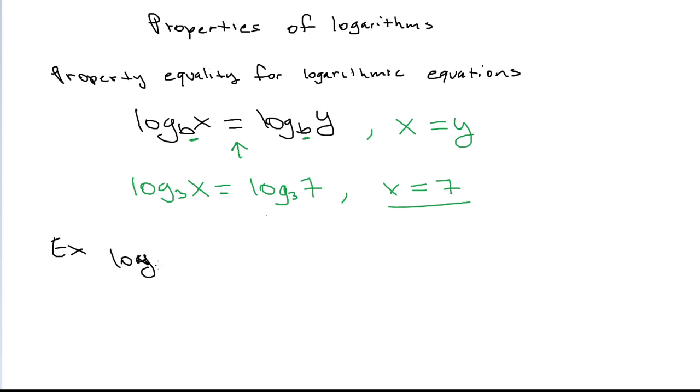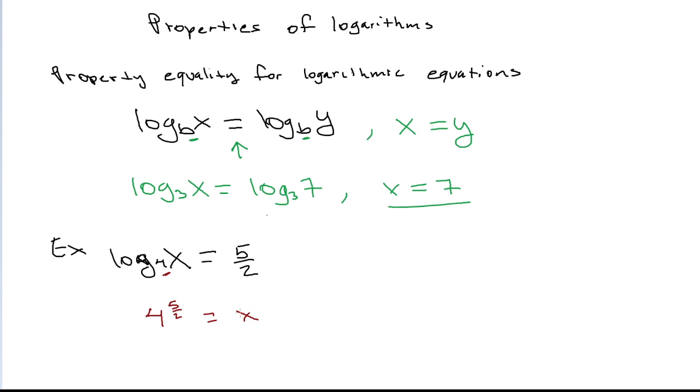Log base 4 of x is equal to 5 over 2. Remember that the basic definition of logarithm states that whatever the base is, 4 to the 5 over 2 is equal to x.